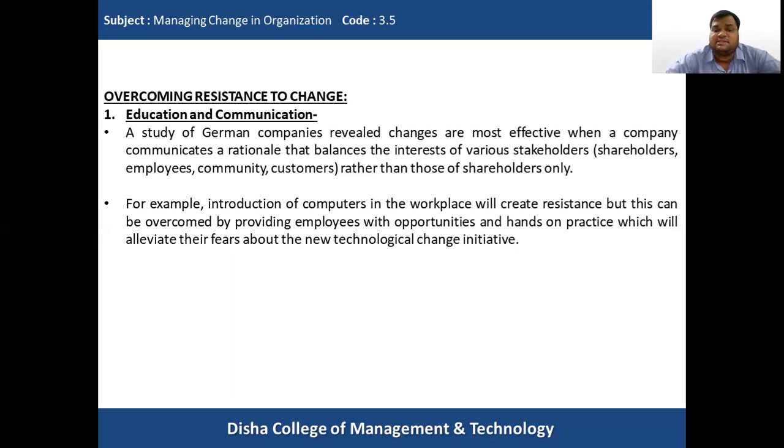The second practice that can be used to overcome resistance to change is participation. Research evidence lends support to the fact that individuals find it difficult to resist a change decision in which they have participated.